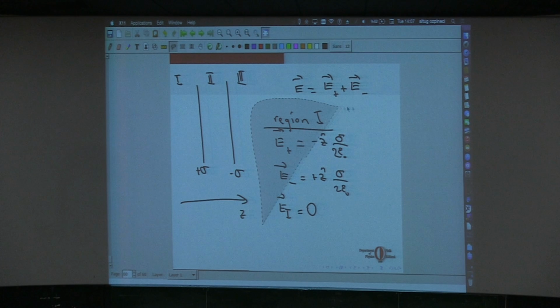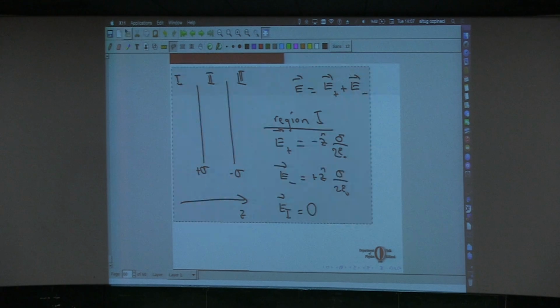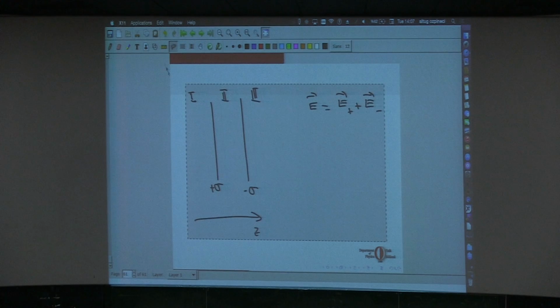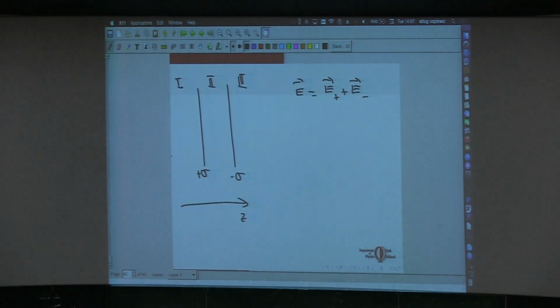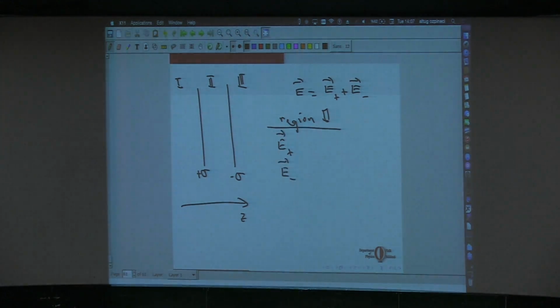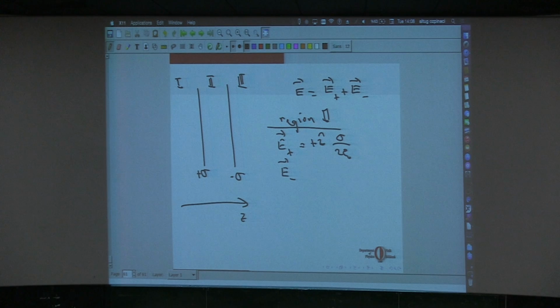Now let's look at the electric field in region 2. What is the electric field created by the positive charge? Positive or negative? It's in the positive direction. And the negative charge?